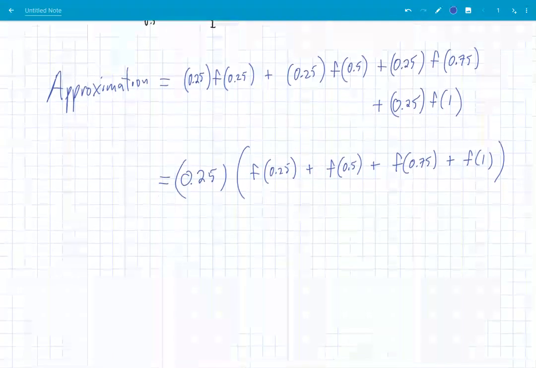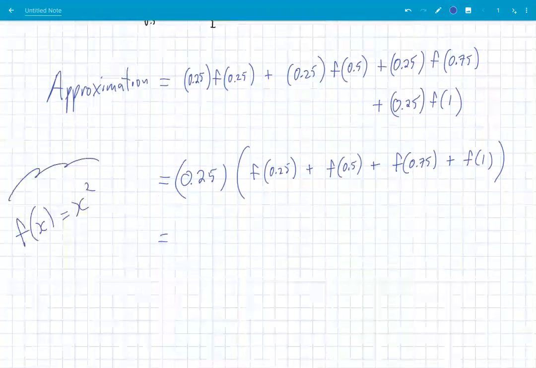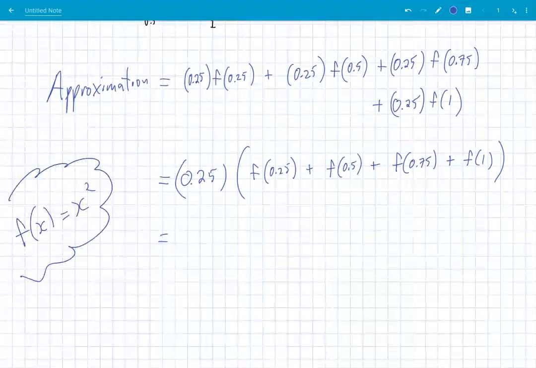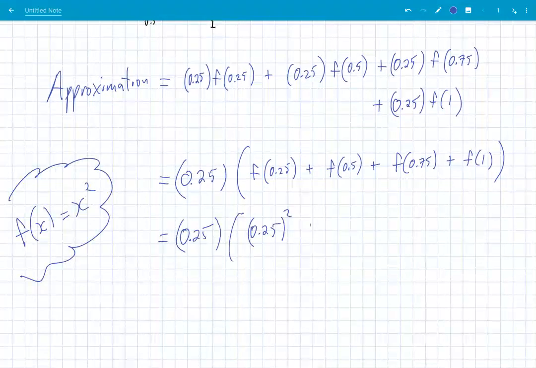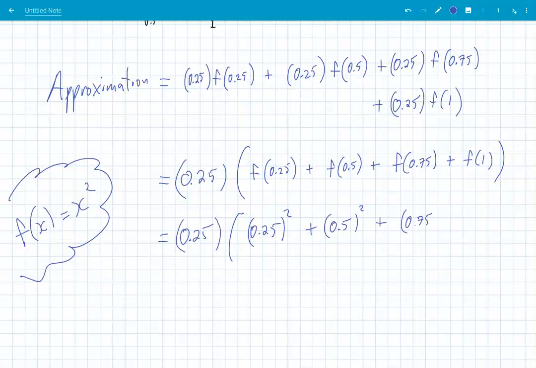Now let's work this out. What is the function? f of x is x squared. That's our function. We get 0.25 squared plus 0.5 squared plus 0.75 squared plus 1 squared.